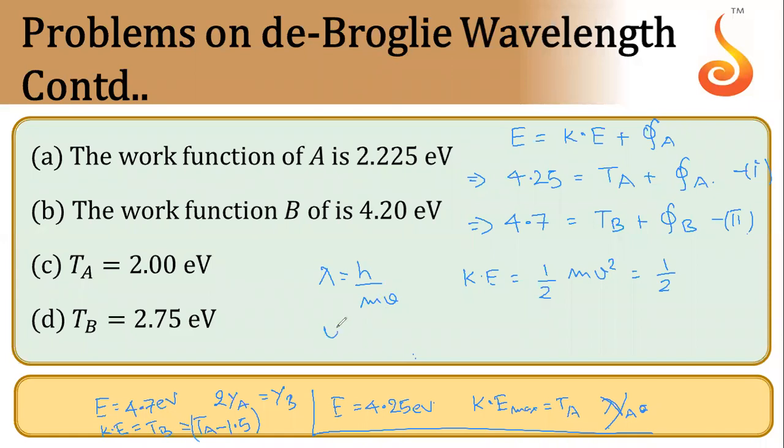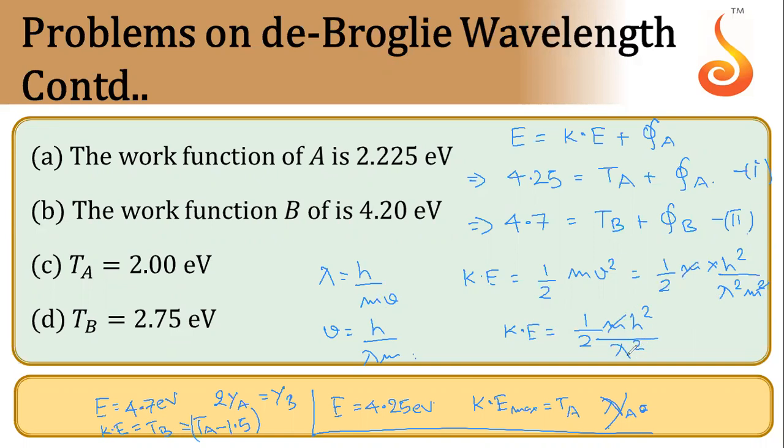Velocity you can write as h by lambda m. Substitute the value here, so you'll get h square by lambda square m square. So we can also write kinetic energy as half m h square, sorry, mass gets cancelled, divided by lambda square.